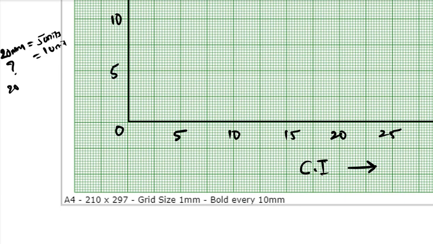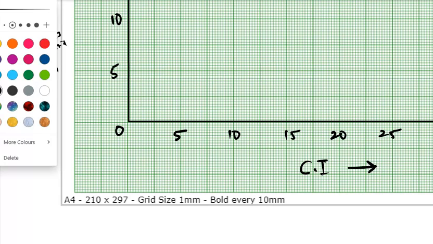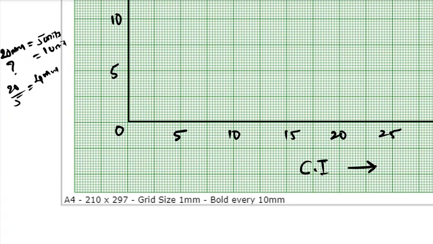That is 20 by 5, which is 4 mm. So after every 4 lines, I'm going to get my 1 unit. So here, if I see very closely, thin pen, correct. After every 4 lines: 0, 1, 2, 3, 4. This will be 1.